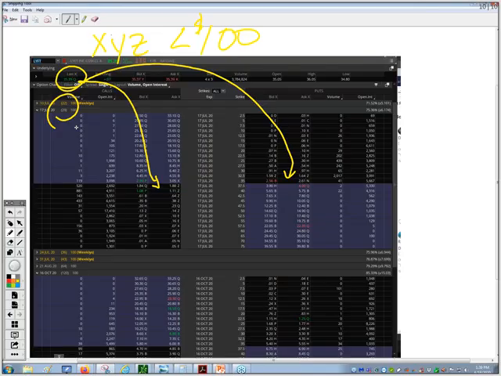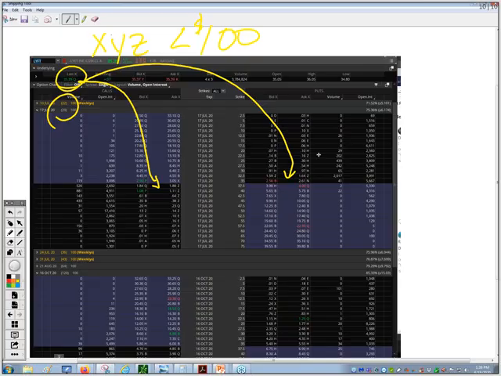So this is where most of the volume and open interest is going on. This is where the eyeballs are. This is how we can determine whether there's a lot of volume and open interest. You can already see there's a lot of open interest, a lot of volume going on in here. So that's kind of one key. And yes, you can look at volume and open interest to determine, but this is a shortcut.